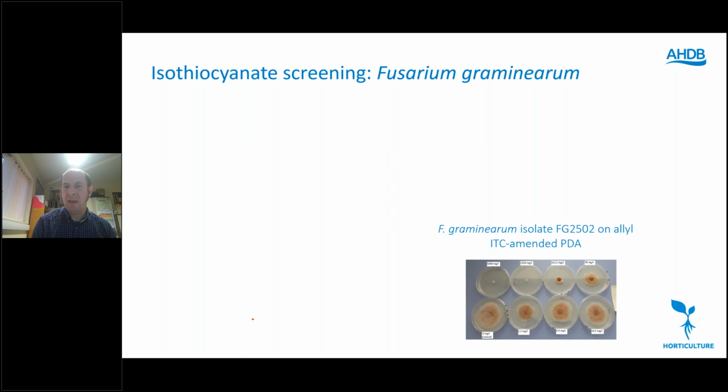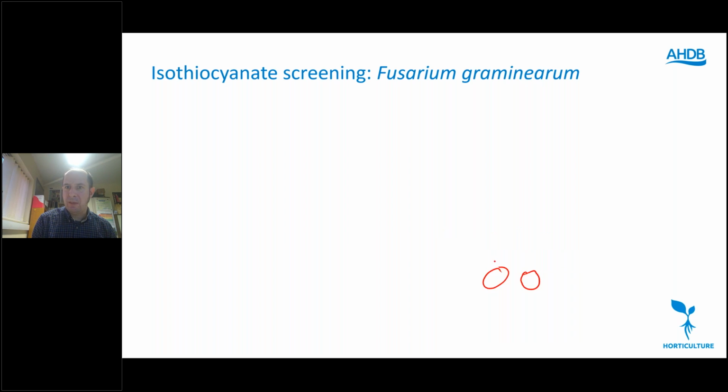This is actually the active ingredient of Indian mustard, which is allyl isothiocyanate, and we can see this suppressive effect with raising concentrations on the colony growth here, where we've got the highest concentrations up here. We've got no growth of that fungus.